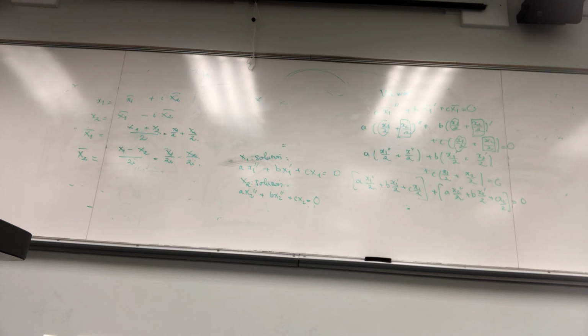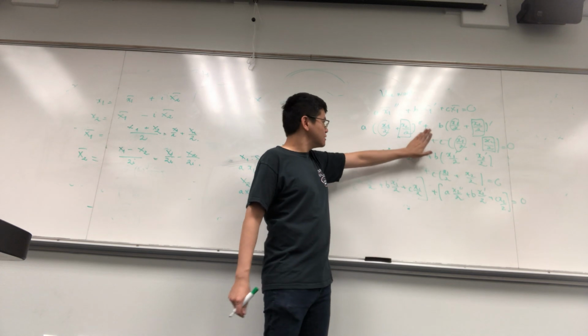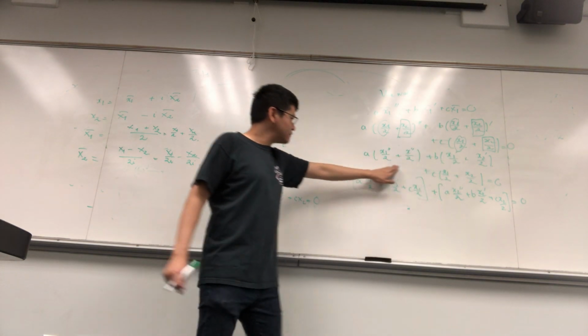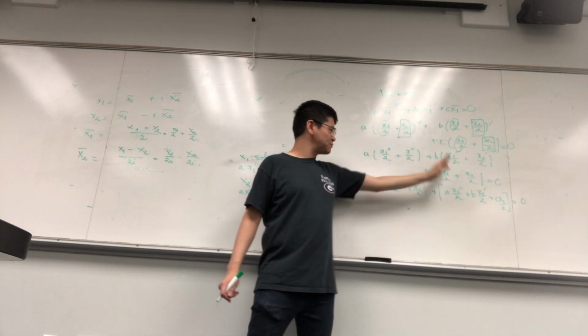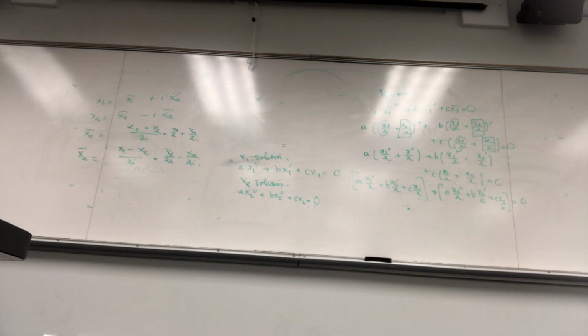To show that x1 bar is a solution, I plug the form of x1 bar inside. This is x1 over 2 plus x2 over 2. Now I develop the formula, group all of x1 and all of x2, and I claim that this is 0. Why? You can multiply both sides by 2 to get rid of the denominator, and because we already know that x1 is a solution, it is 0, and x2 is a solution, so 0 plus 0.